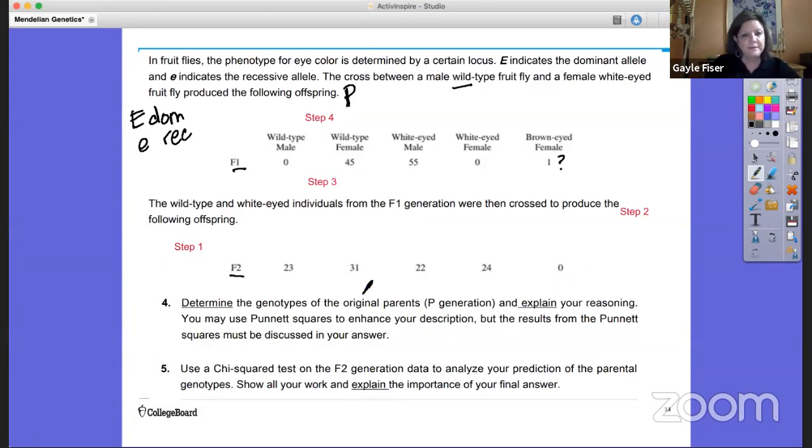So the first thing that it wants us to do is determine the genotypes of the original parents, okay? To do this, I had to kind of work this backwards. So let's put males and females, following this up here.